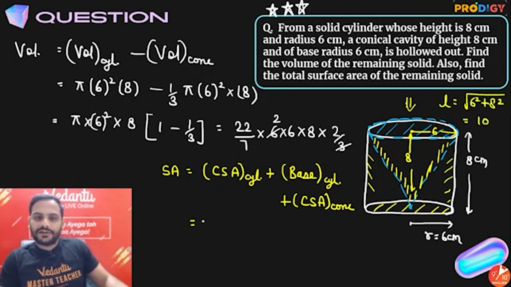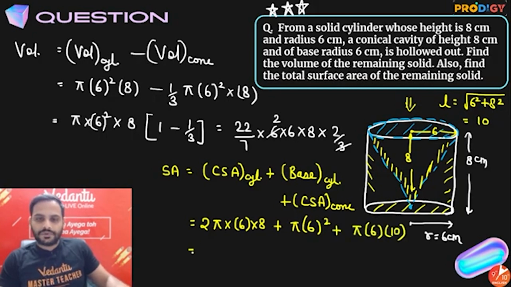So CSA of the cylinder is 2 pi r h, plus the area of the base is pi r square, plus the CSA of the cone is pi r l. That is 96 pi plus 36 pi plus 60 pi.